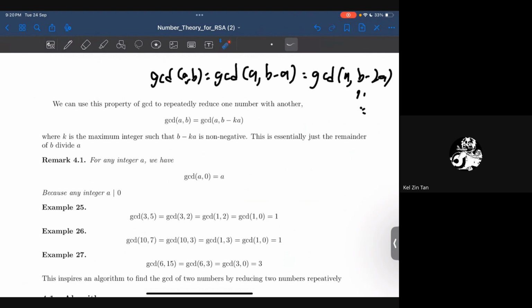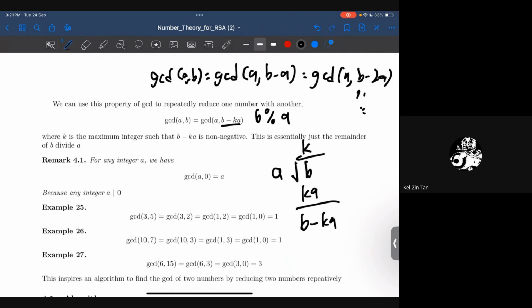Then you can get GCD of A and B is equal to GCD of A and B minus KA. So we can take K to be the maximum integer such that B minus KA is non-negative, which is basically just the remainder operation. So what I'm saying here is that this is basically B modulo A. I try to divide B by A, then I get K. So this will become KA, and this will be B minus KA, which is basically the remainder.